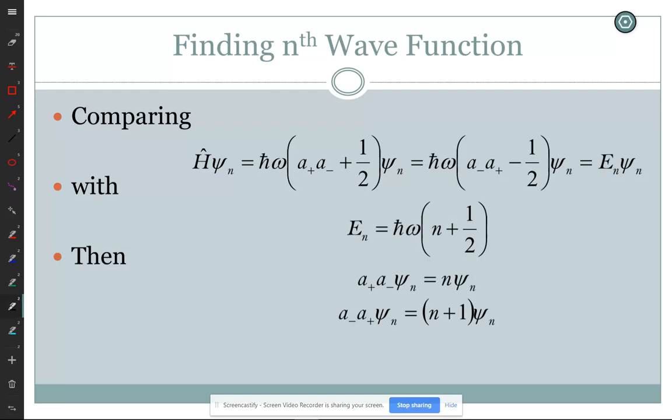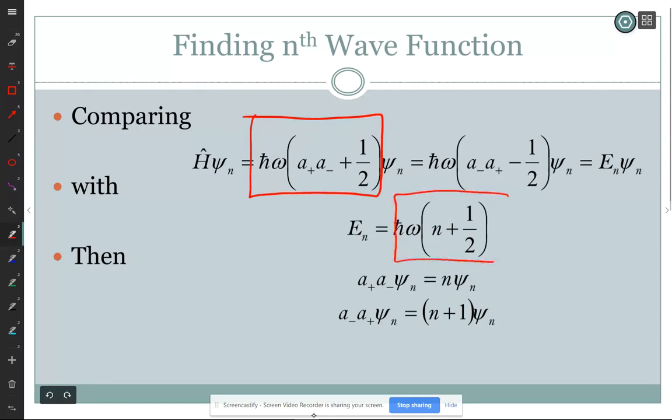And if we take what we now know to be our energy eigenstate, then we can quickly say that when I have this operate on psi n, it gives me this. Then that means A plus A minus acting on psi sub n gives me n. It's the only way that that can be consistent, right?